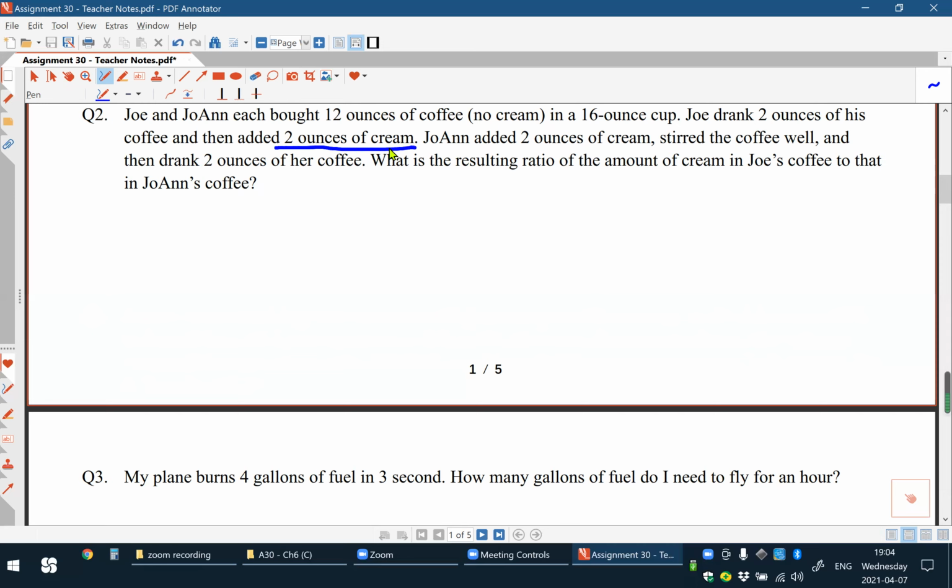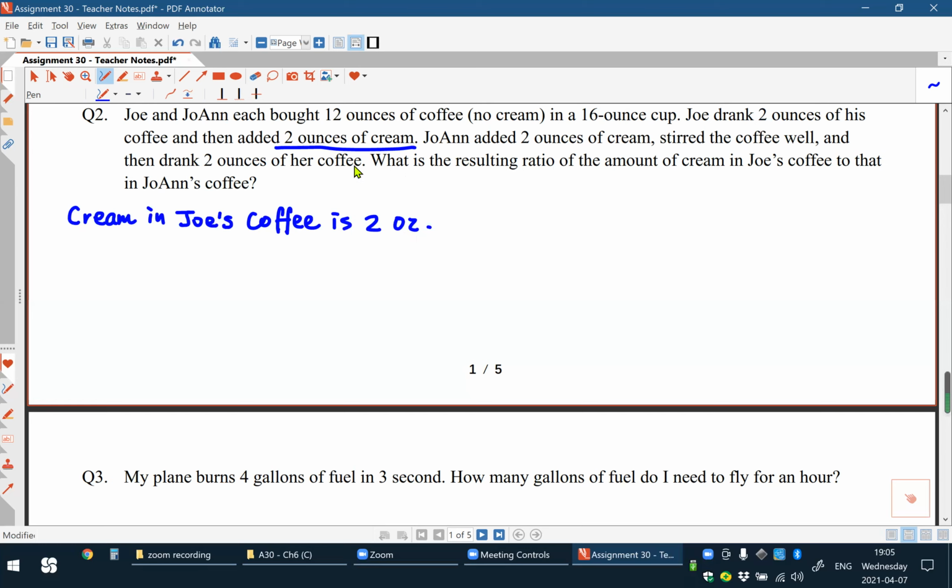So how many ounces of cream left in Joe's coffee? It's 2 ounces, right? So let's make a note here. The cream in Joe's coffee is 2 ounces.